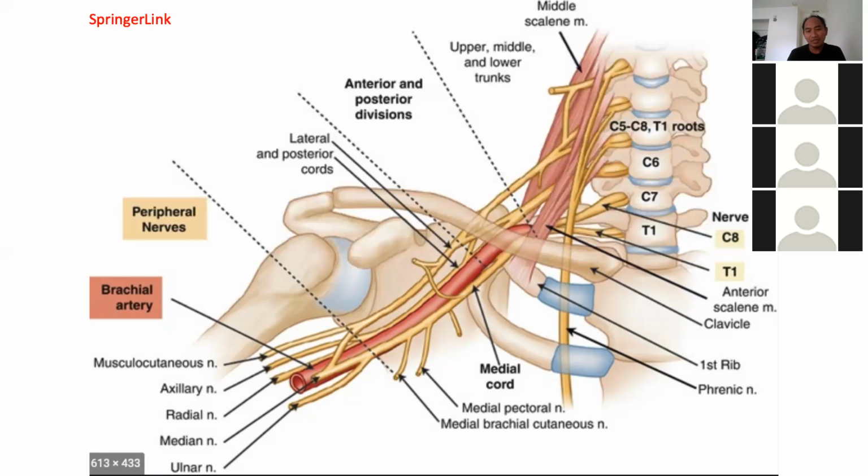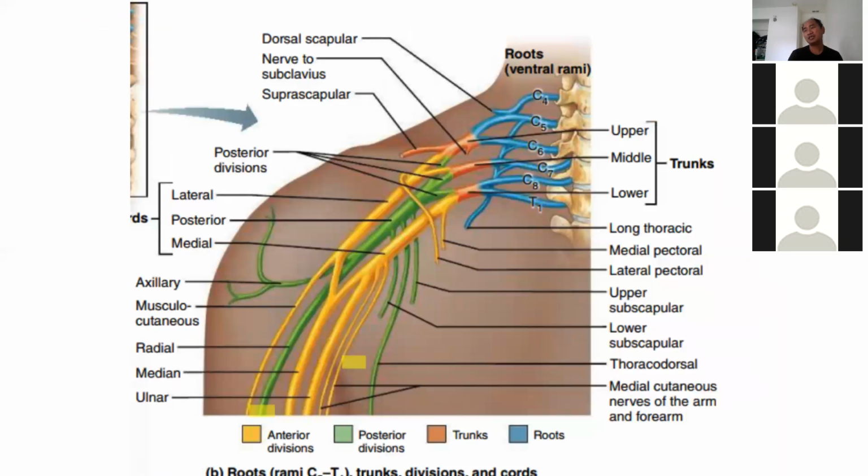Right, and if we go a little bit more on the brachial plexus, now we can see the cervical 5 and cervical 6 form the upper trunk. Cervical 7 will continue as the middle trunk. Cervical 8 and thoracic 1 will combine as the lower trunk.